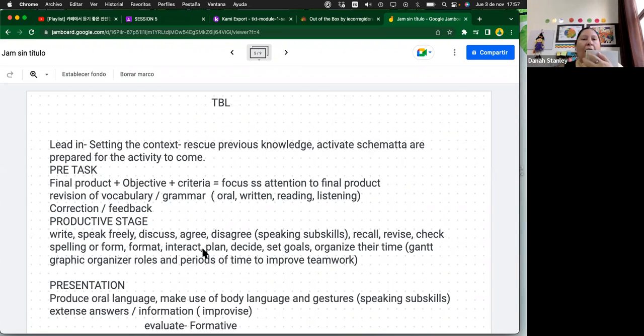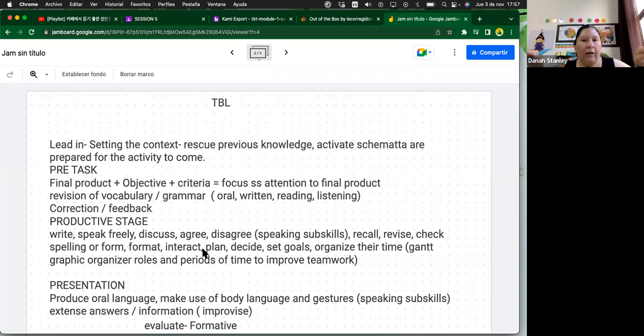Probably in here, I would add the standard for each one, because otherwise, if I just divide it and I just listen and correct, it is subjective evaluation. Something that for me may be correct, for her may be incorrect.